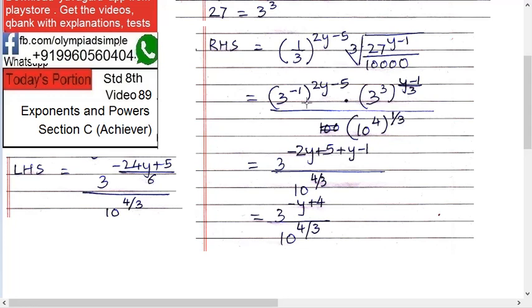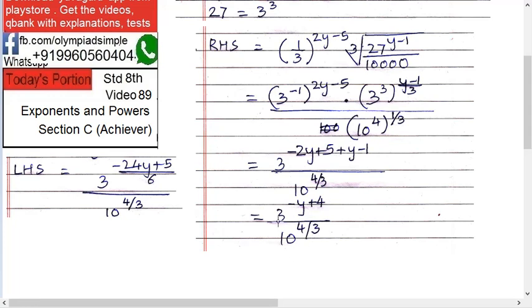And the bases are same, so we will immediately add them, plus y minus 1. 3 has gone. Upon 10 raised to what? 4 upon 3. This 1 by 3 means 4 upon 3. Why? Because a raised to x raised to b is x raised to ab, multiplication. So RHS is 3 raised to minus y plus 4, upon 10 raised to 4 by 3.